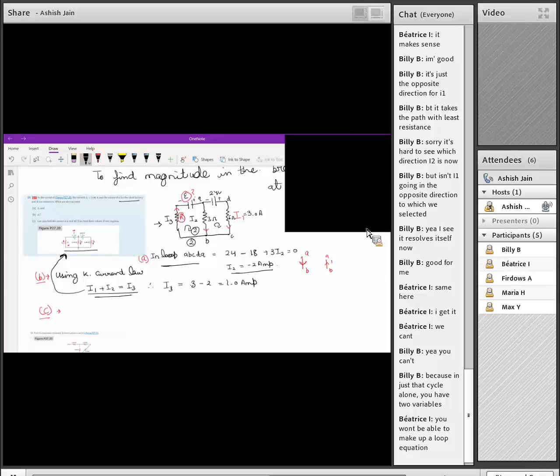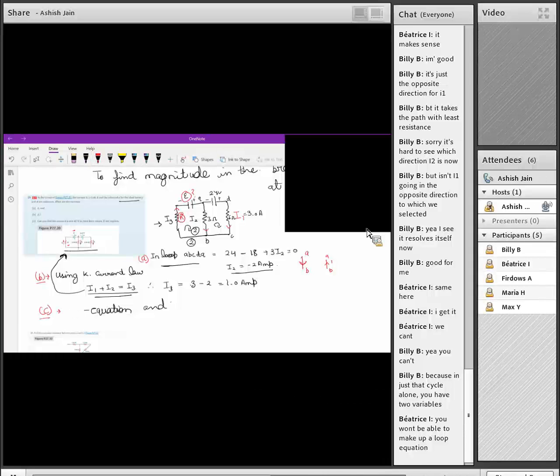Then we will have one equation and two unknowns. That means we cannot solve it. So does it make sense?